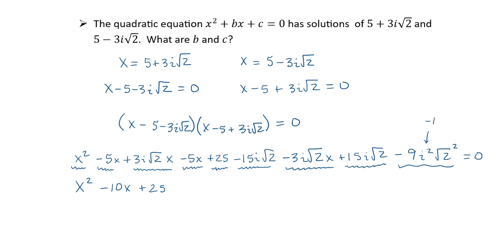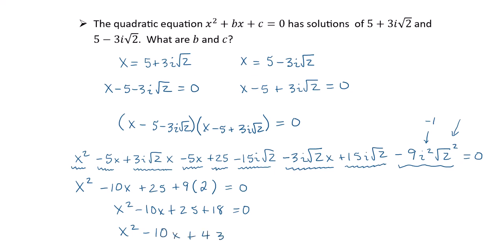So that negative 1 times the negative 9 is going to make this a positive 9, times the square root of 2 squared, which is going to be 2. So x squared minus 10x plus 25 plus 18 equals 0. We're almost there. X squared minus 10x plus 43 equals 0.